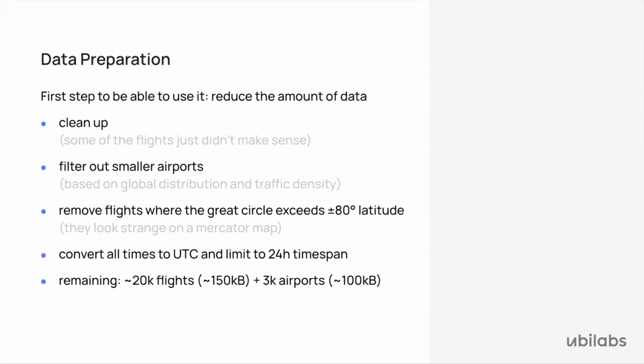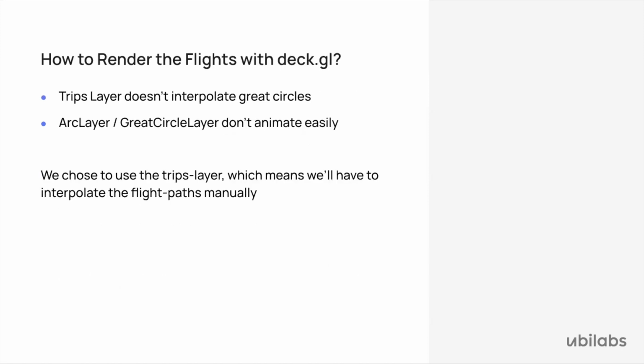It was like 24 hours based on the departure time. So we ended up with around, I think it was 20 to 80,000 flights in our list, and 3,000 airports. So it was quite manageable in size of the data set.